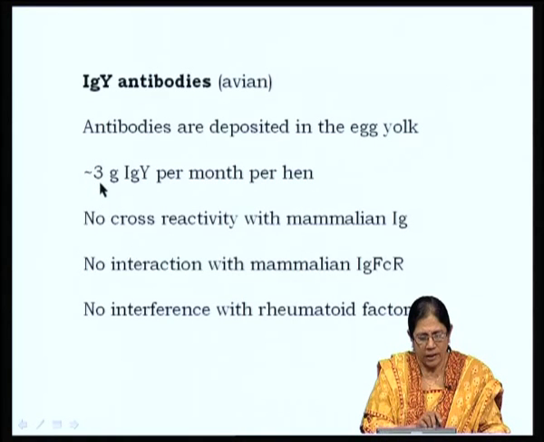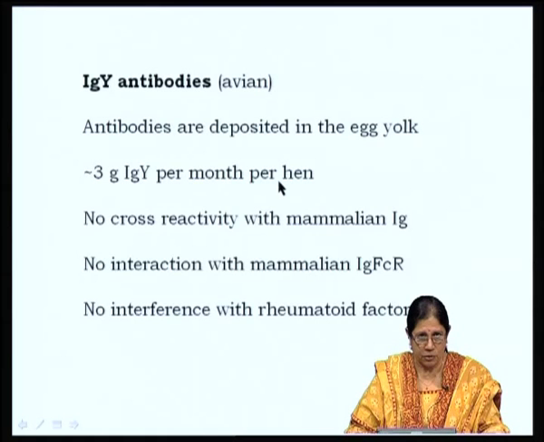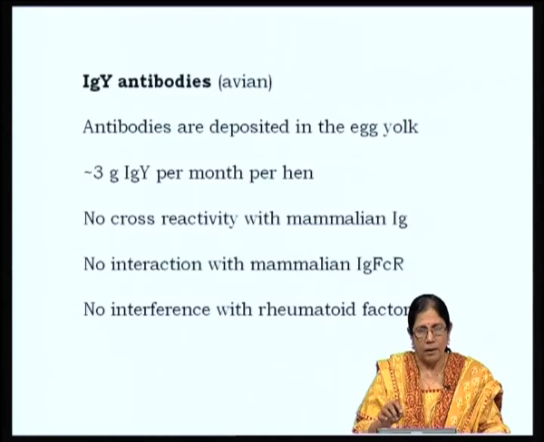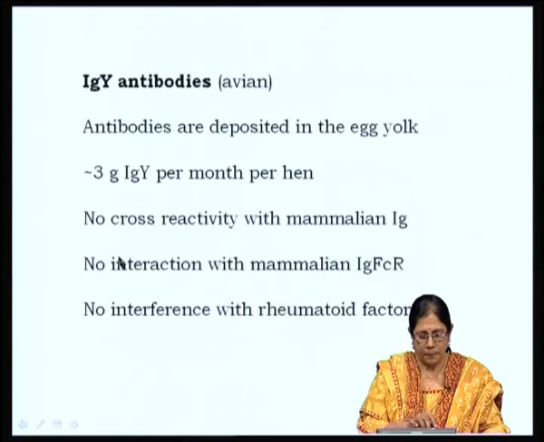Interestingly, one can get 3 grams of immunoglobulin Y per month per hen. So, that becomes also an extremely cheap way of getting large amounts of antibodies. Immunizing a hen is not any more difficult than immunizing rabbits.